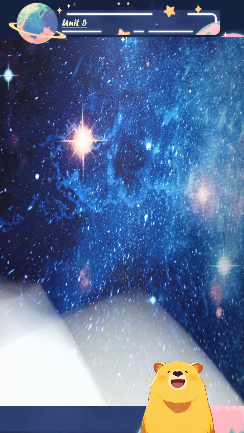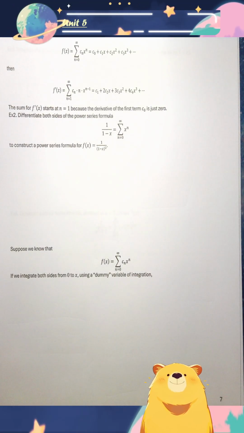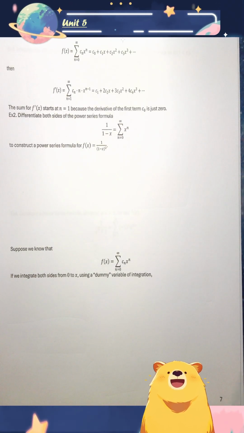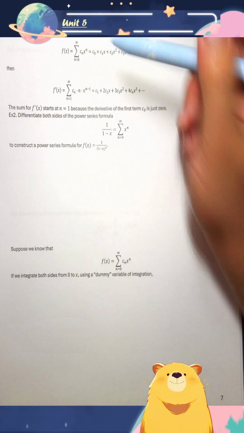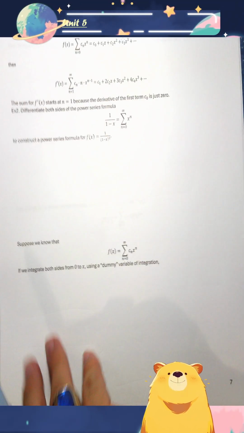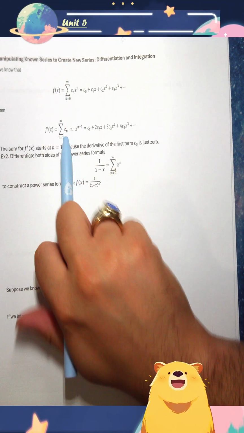So now we're going to get even more custom about it. So manipulating known series to create new series by differentiation and integration. So if we know that this function is defined as this power series, then we could do a derivative.